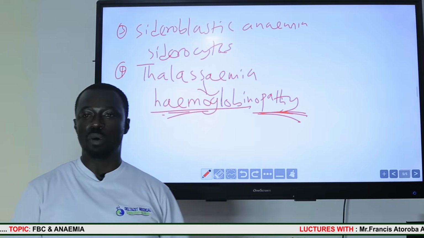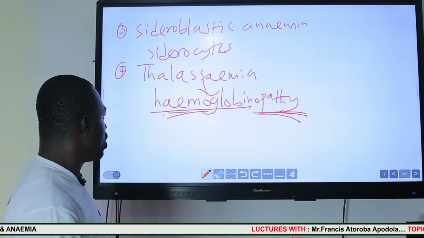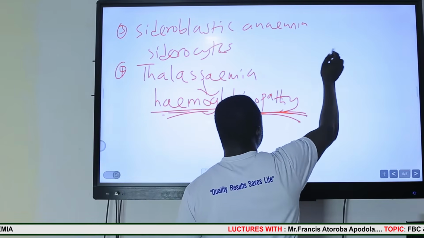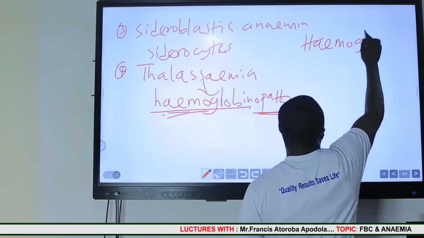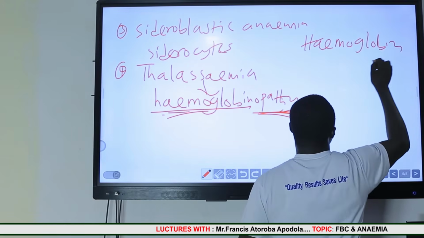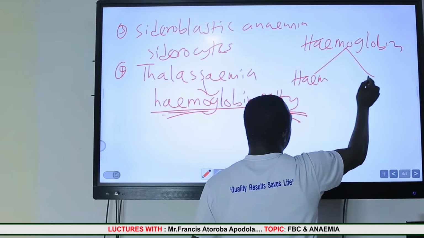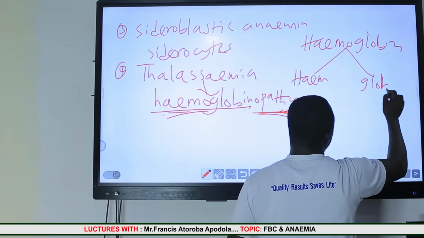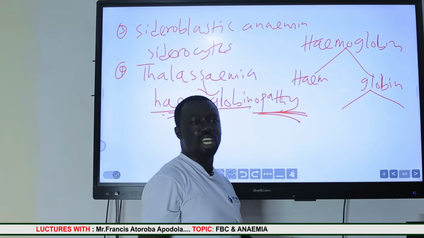In thalassemia, what happens is that the hemoglobin molecule has changed. Every hemoglobin, listen to the name, hemoglobin, has heme and globin. The globin is made up of chains.